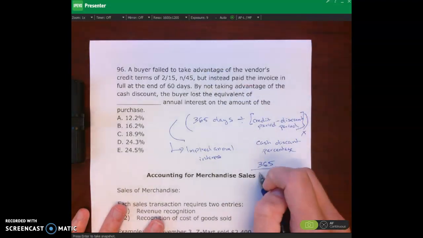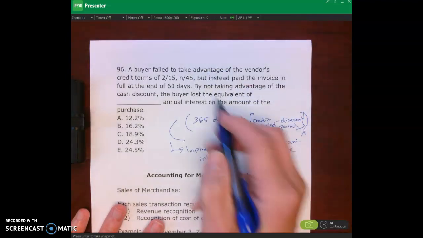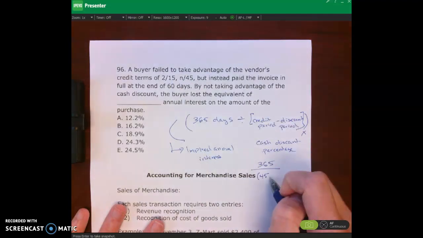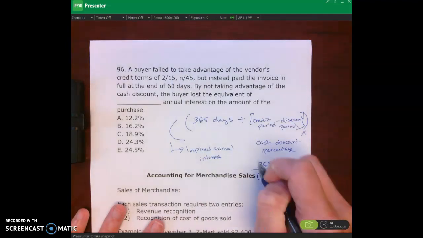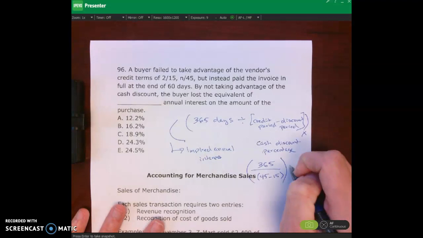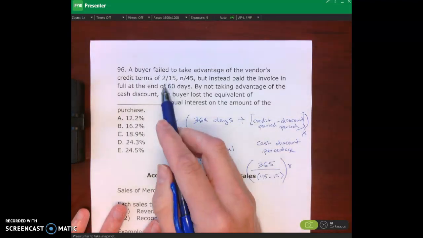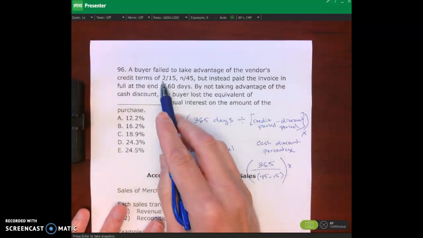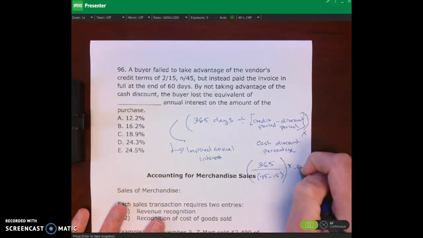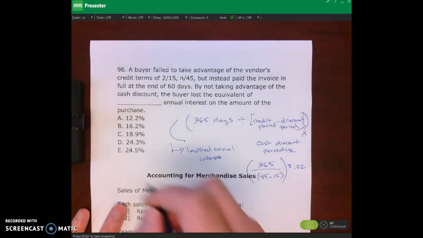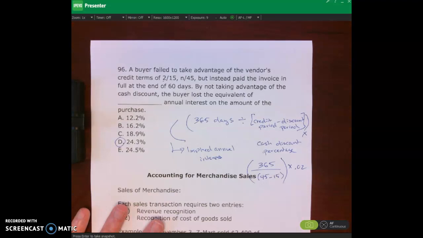So our credit period is 45 days minus our discount period in days, 15 days. That whole amount times our 2% discount right over here times 0.02. And what that gives us is D, 24.3%. So let's think about that in the context of the problem.